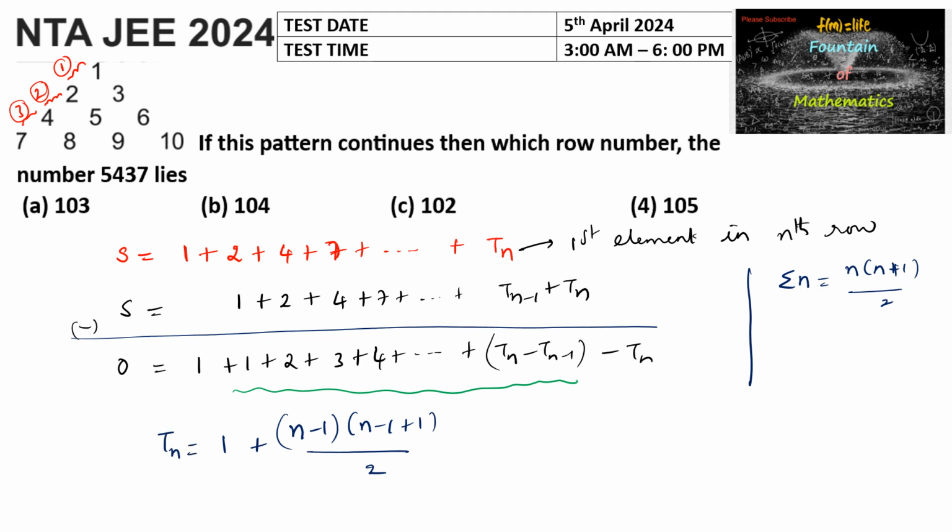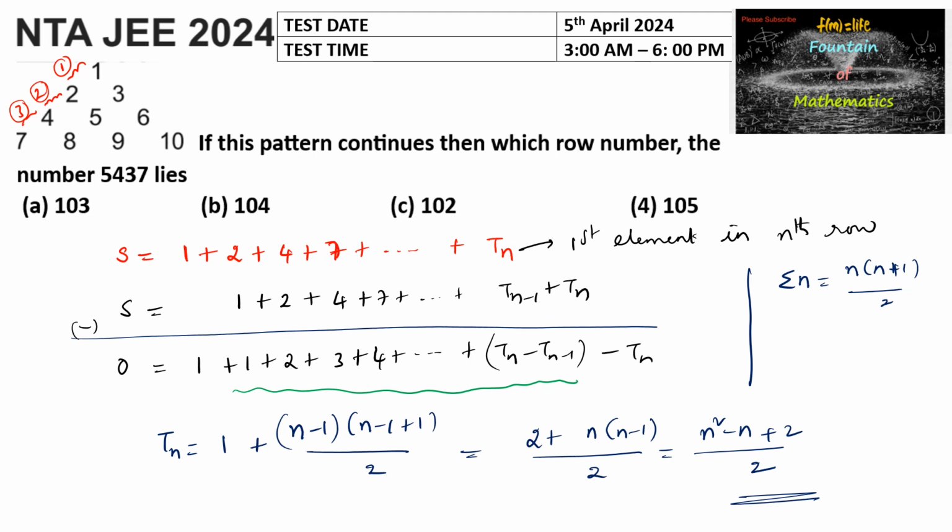So we can simplify and write (2 plus n into n minus 1) whole divided by 2, or we can write (n square minus n plus 2) upon 2 is the first element in the nth row.